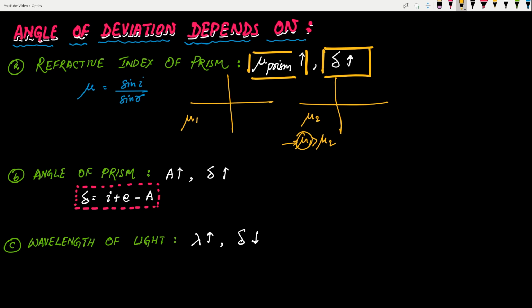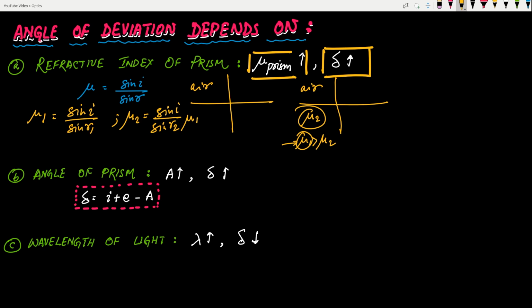Optically denser means the value of refractive index will be more, as we have said earlier in my lecture video. Therefore, for mu1 we can say sine I by sine R1, and for mu2, in both cases here is air, it is equal to sine I by sine R2, isn't it?